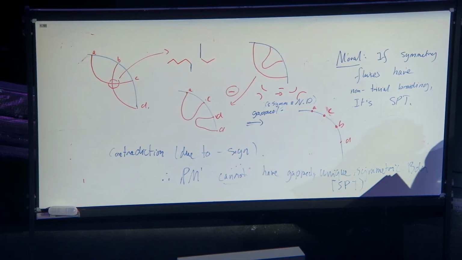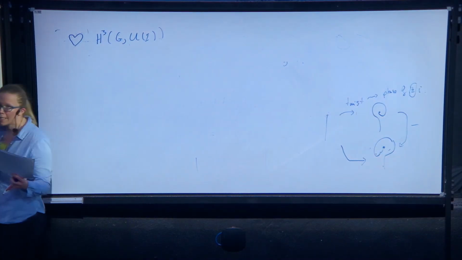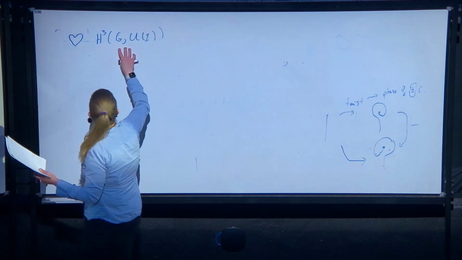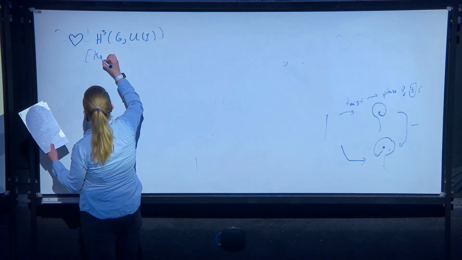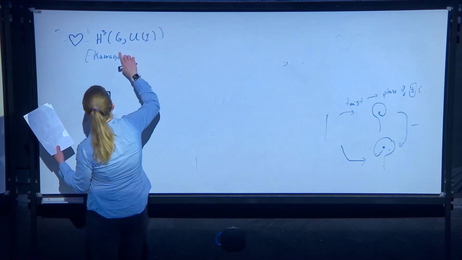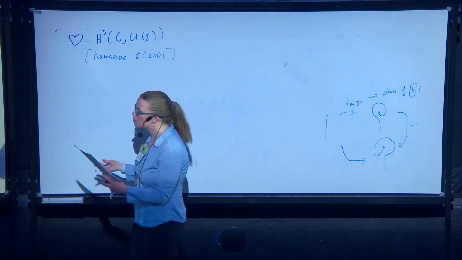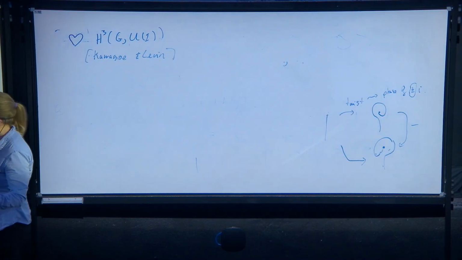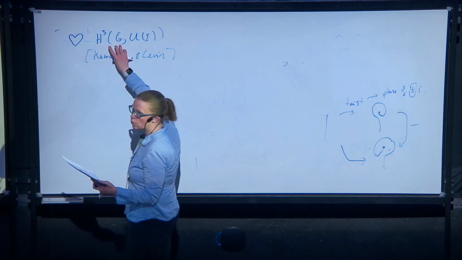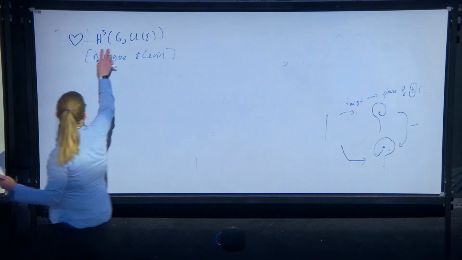Now, if you love group cohomology, H3 of G comma U1, and you would like to know how to take this argument and actually compute the explicit cocycles, there's a very nice paper by Kawagoe and Levin that shows very explicitly how you do this. They do it in a nice controlled way by starting with symmetry breaking boundaries and constructing symmetry actions on them, and you can extract, using essentially this idea, the three cocycles.